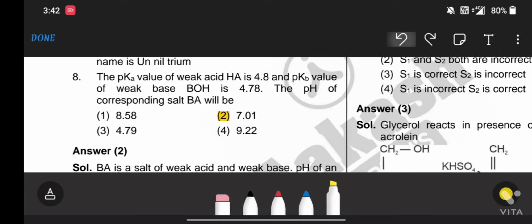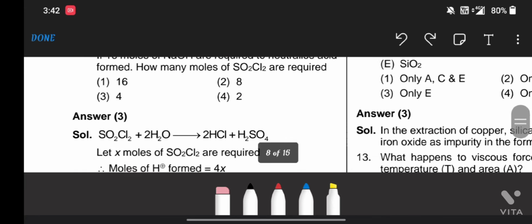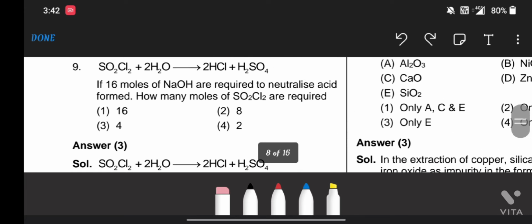Now let us move to question number 9. Here they have given a reaction, that is SO2Cl2 plus 2H2O gives 2HCl plus H2SO4.